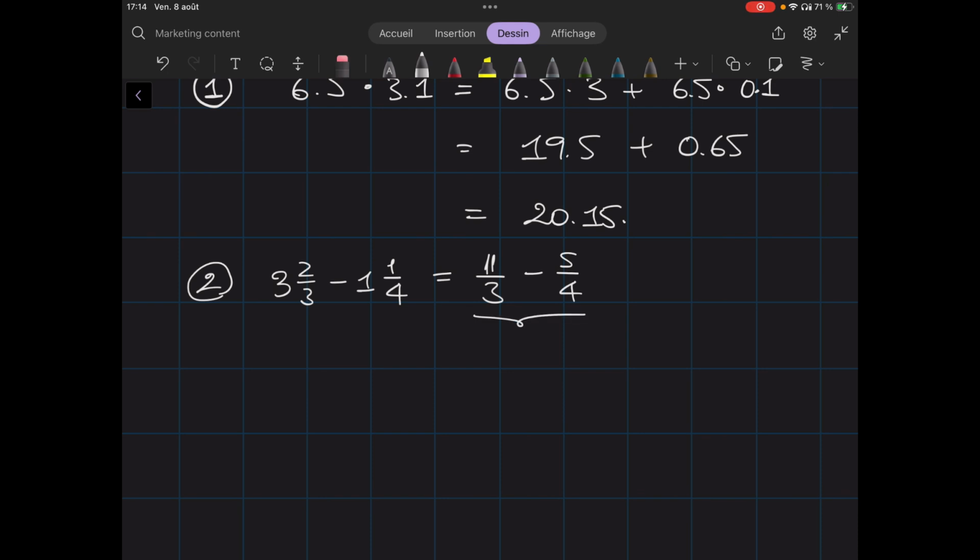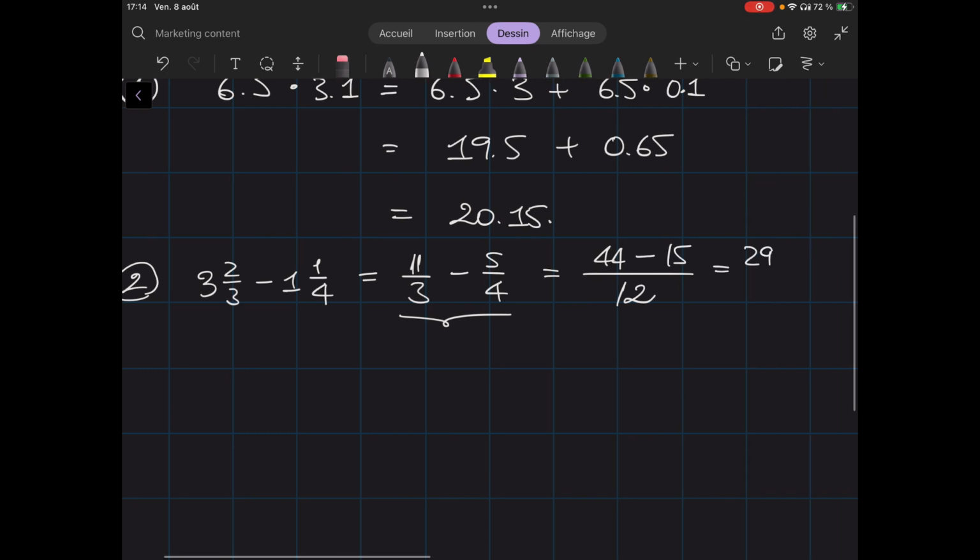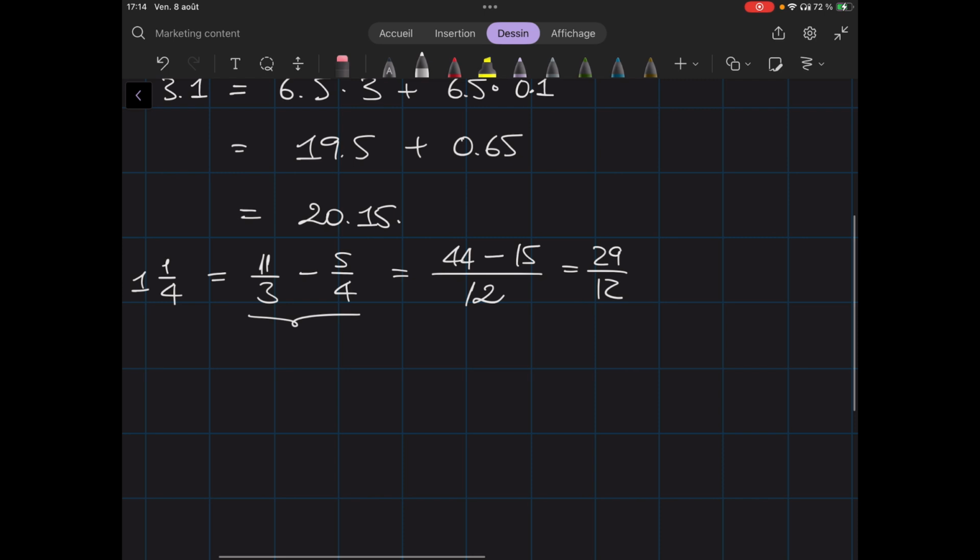The lowest common denominator of 3 and 4 is 12. 11 times 4, 44. 5 times 3, 15. 29 divided by 12, you get 2 point something. 2 is 24 by 12. 29 minus 24, that's 5. Therefore, 29 by 12 is 2 and 5 by 12.